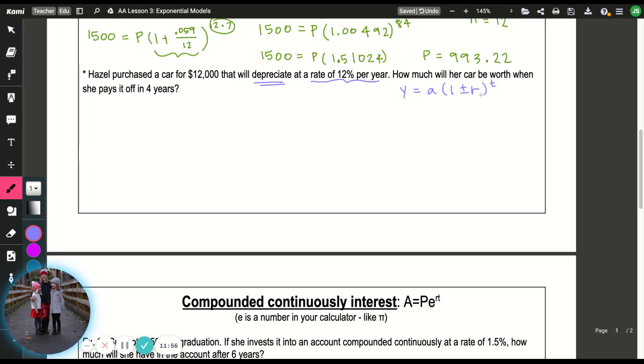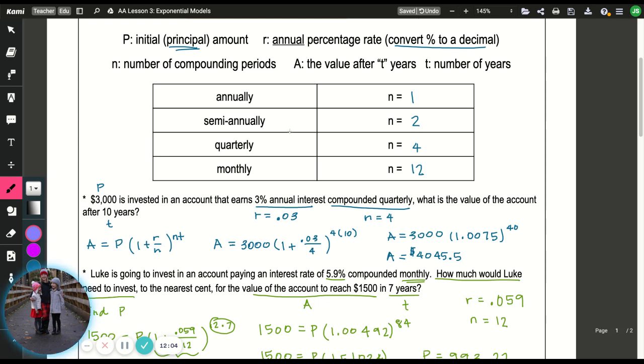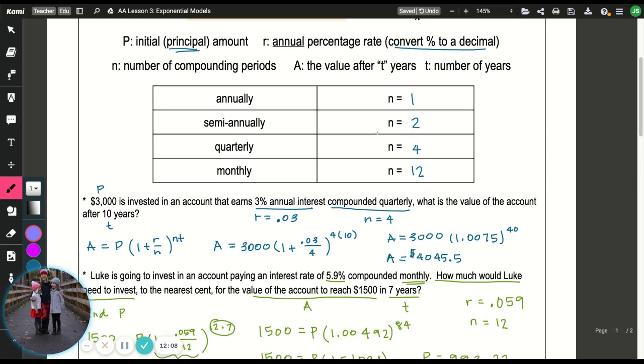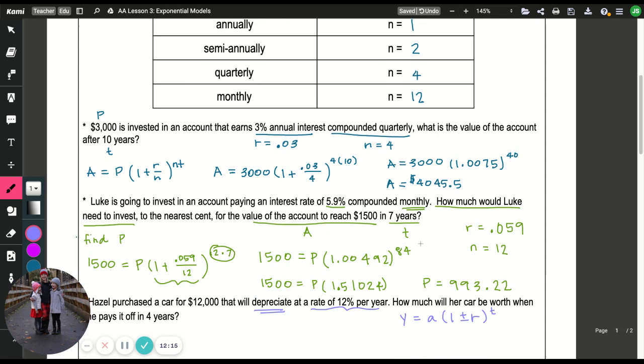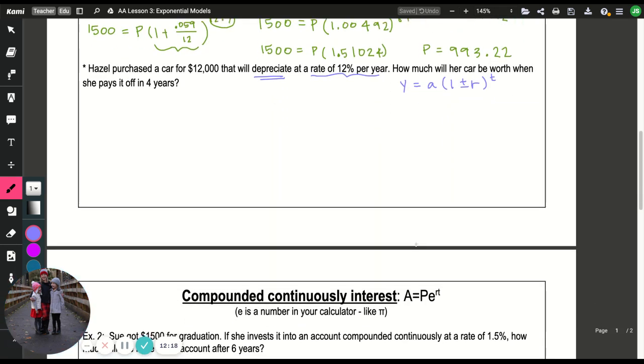So you really have to understand which equation is used for what. This stuff up here is only used if it's compounded interest. So they tell you that it's compounded quarterly or that it's compounded monthly. If they don't tell you that, then you don't use that equation.